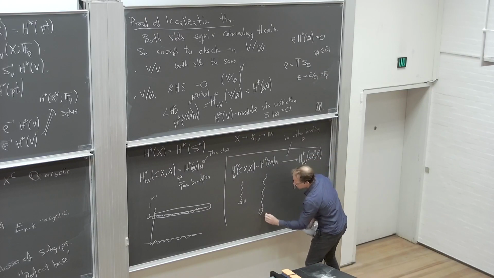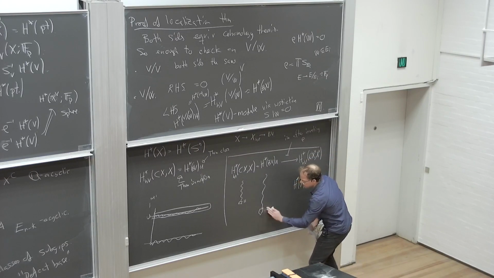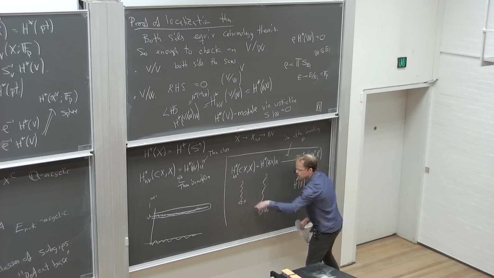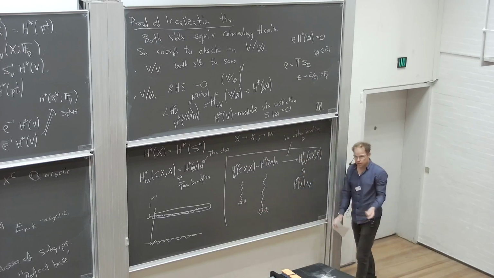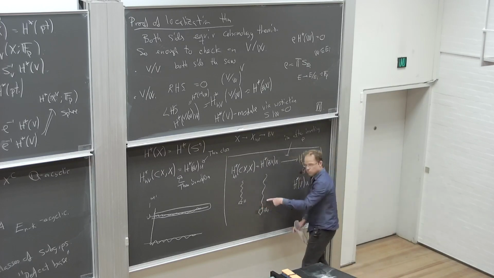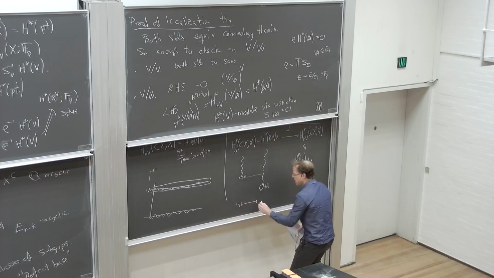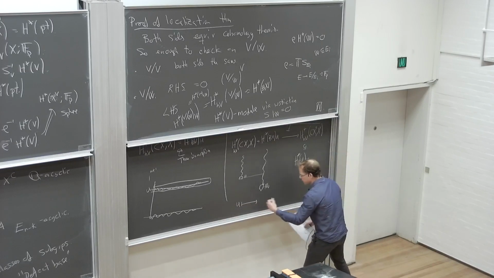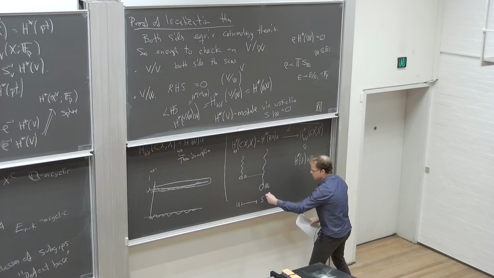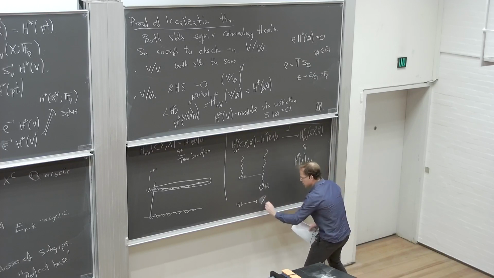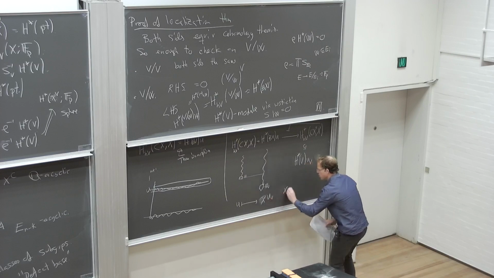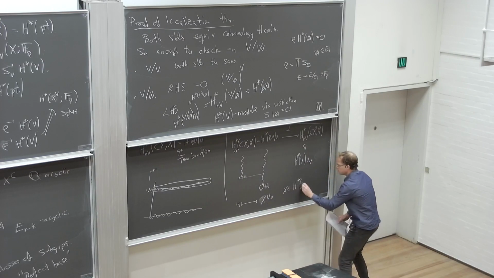then this class better start lower down, right? Because if it doesn't start lower down, then this class will go to 0. So we know that this class U has to go to some class X times UV, where X is some class in the cohomology of EV.